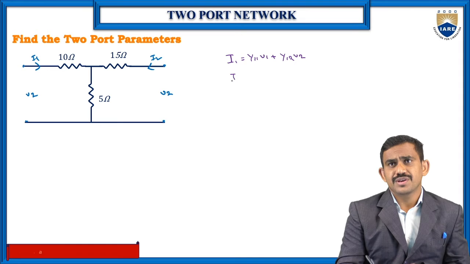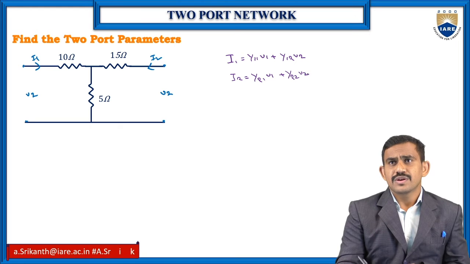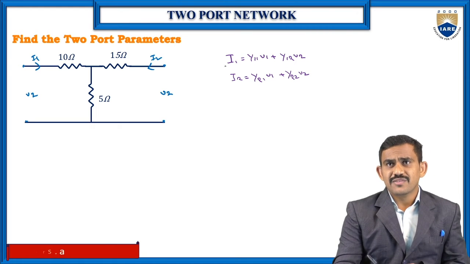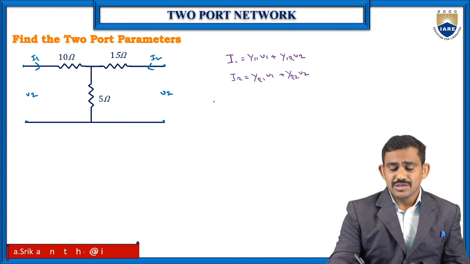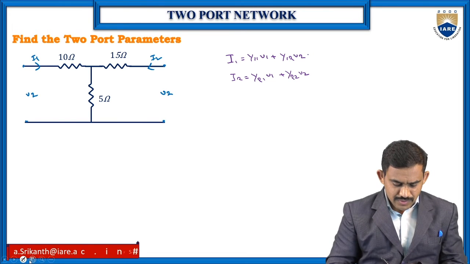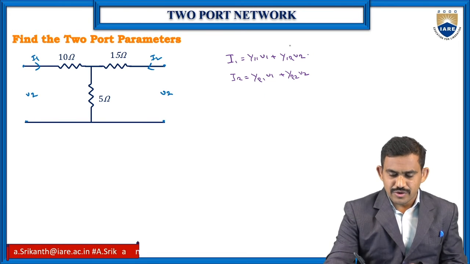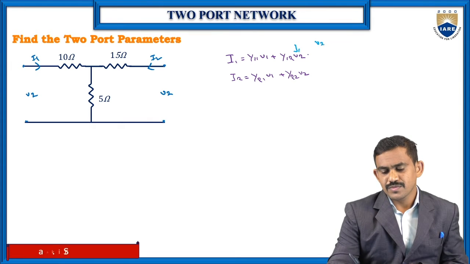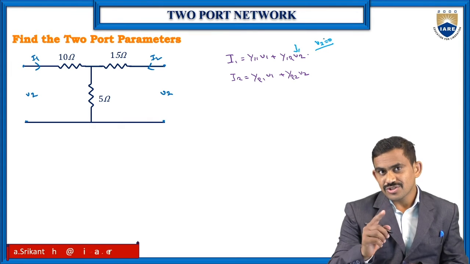Same, I2 equal to y21 V1 plus y22 V2. Now from this equation I want to go for conditions. Suppose V2 equal 0. V2 equal to 0 means the second side is short circuit.